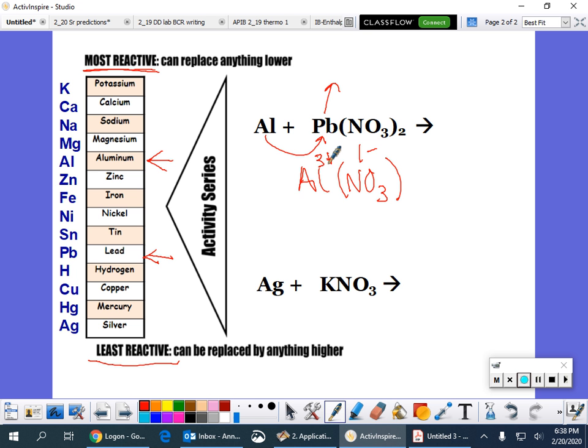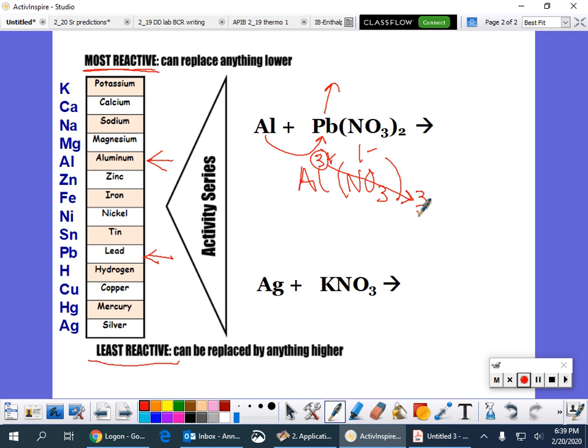In order to balance out these charges, I can't just have one aluminum and one nitrate. I have to either use the crisscross method or just think about how many -1s I have to balance out a +3. If I want to use the crisscross, I take the number of the charge on my cation and I bring it down, and that becomes the subscript of my anion.